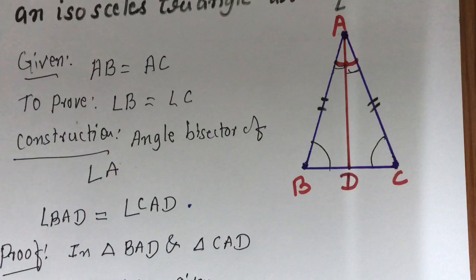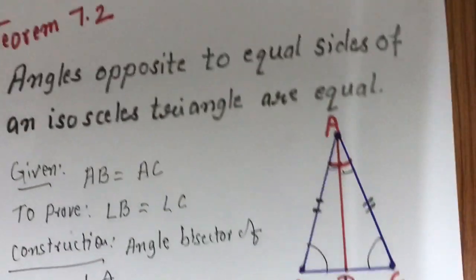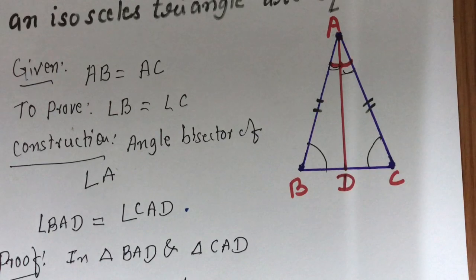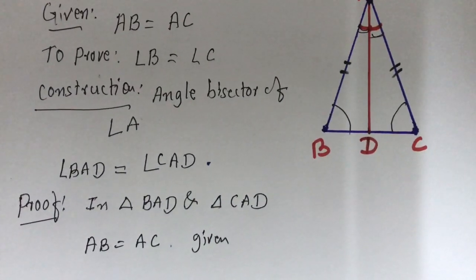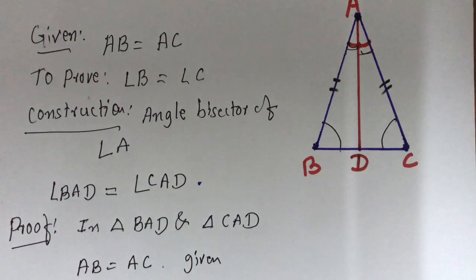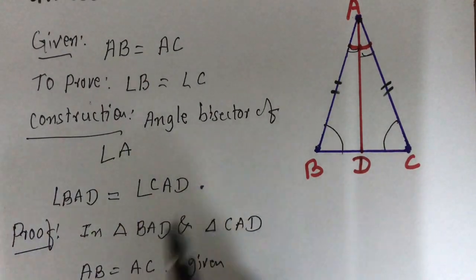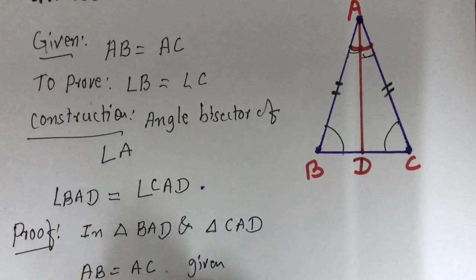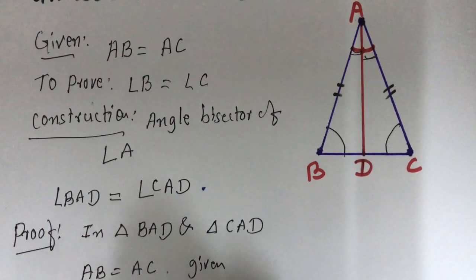And what other thing equal? We have to prove angles opposite to equal sides of an isosceles triangle are equal. This is our statement. One more thing we can write: angle BAD equal to angle CAD by construction.